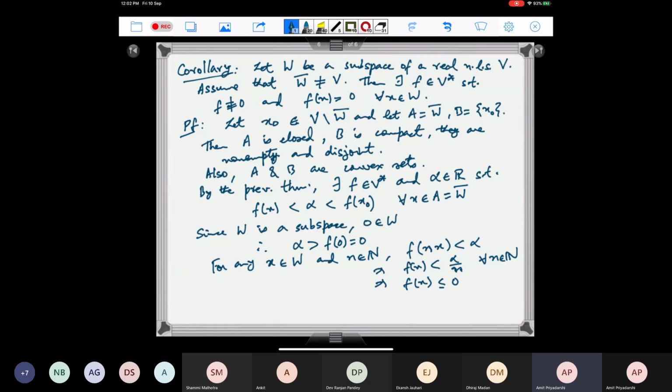But then you can replace x by minus x. So f(x) is less than or equal to 0 for all x in W. So if I take f of minus x, that is also less than or equal to 0 for all x in W. But this implies f(x) has to be bigger than or equal to 0 for all x in W. So therefore f(x) has to be 0.